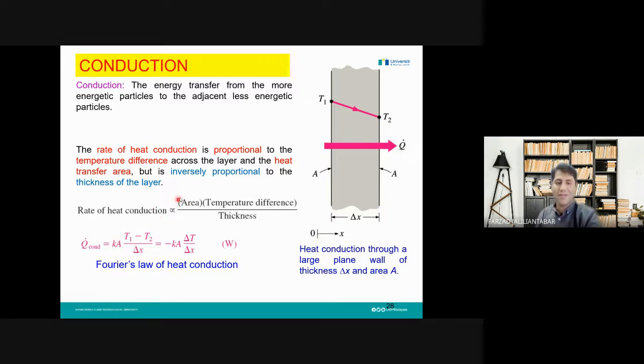A, as I said here, is the area normal to the direction of the heat transfer. How about K? K is the constant which we call the thermal conductivity. It is a property of the substance, and for different substances we have different values of thermal conductivity. Generally, it depends on the crystal form or the microstructure of the substance.